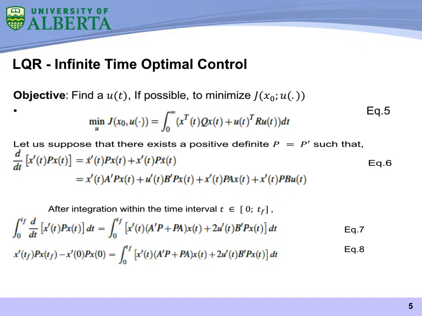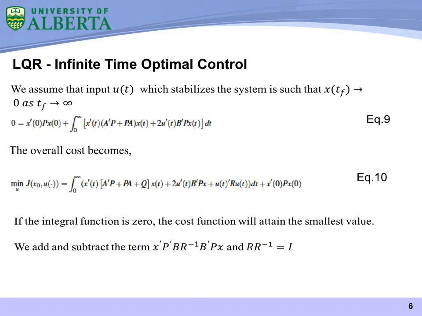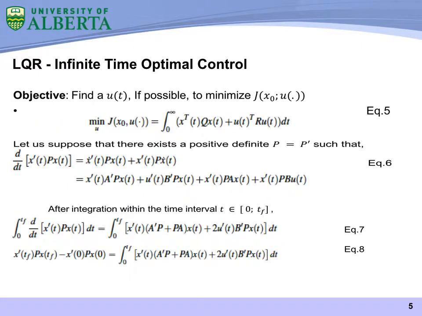Now, if I integrate the expression on the left from 0 to tf, dt, this dt and dt cancel, and I have the integration of the function d of x transpose(t) P x(t). But this is nothing but evaluating the integral between x(tf) and x(0).